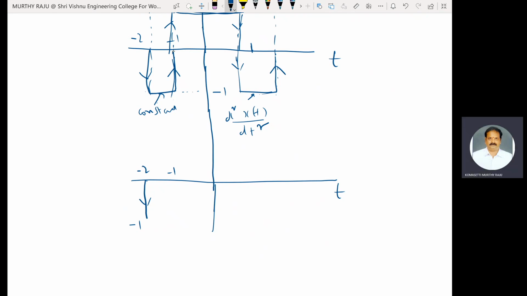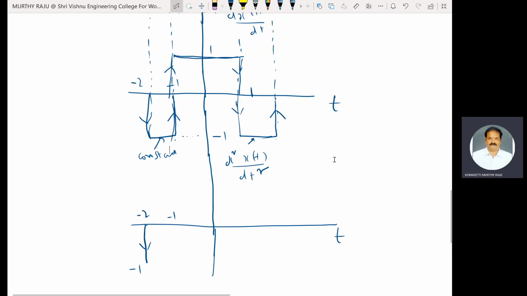Here 0 reached to 0, minimum value 0, 0 minus of -1, that is +1. This is the rising. Rising means the differentiation is also a rising value, +1. Here 0, here 0, here -1. 0 minus of -1, that is +1.